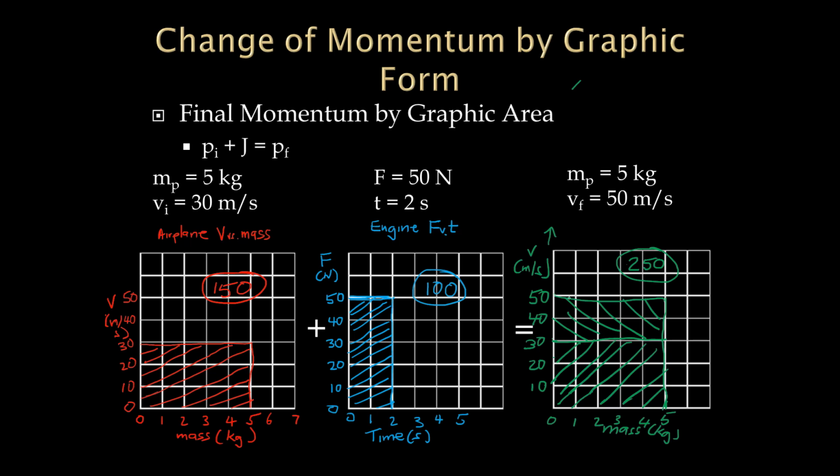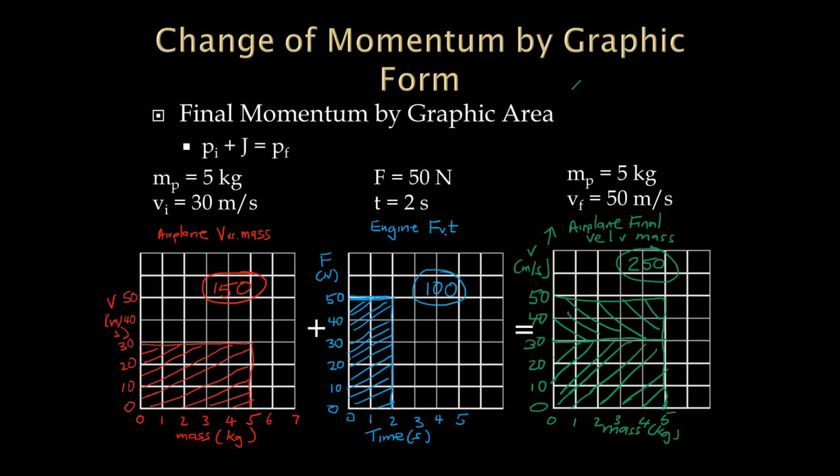The area of this rectangle represents our final momentum with a width of 5 kilograms and a height of 50 meters per second. Our final graph here shows our mass 5 kilograms. We have to have a total momentum of 250 kilogram meters per second, so we need to have a velocity of 50 meters per second.